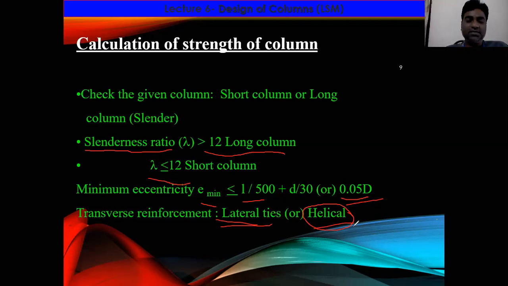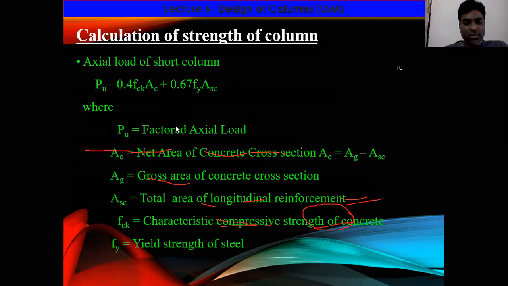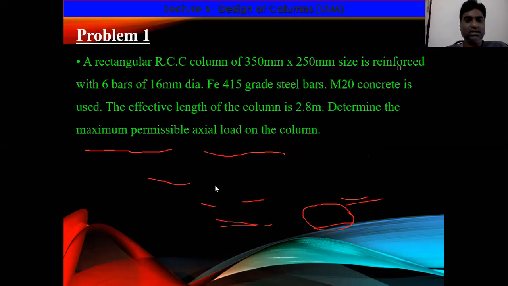If it is satisfied, then you can increase by 5%. Otherwise, no need to increase. Next, this is the formula we are going to use to determine the axial load of a short column. Pu is the factored axial load, and the remaining we have already discussed.